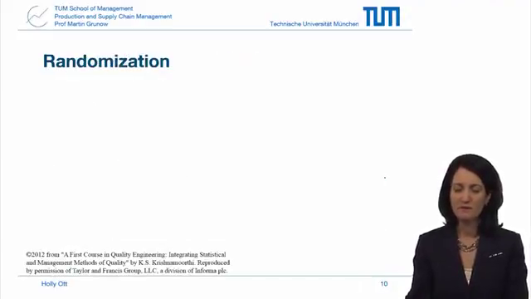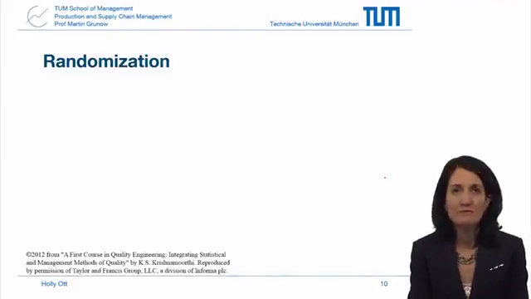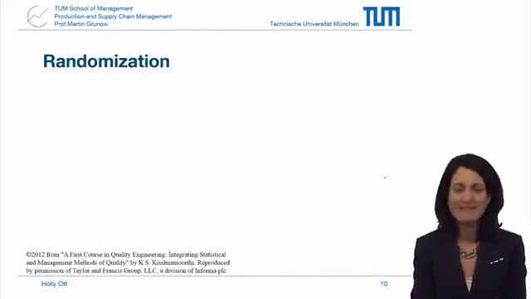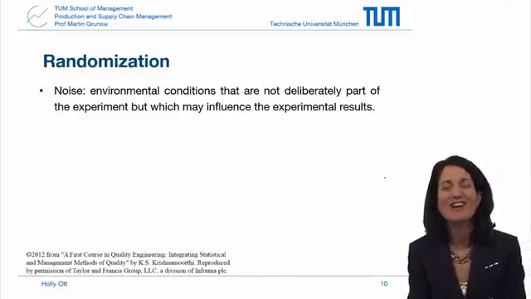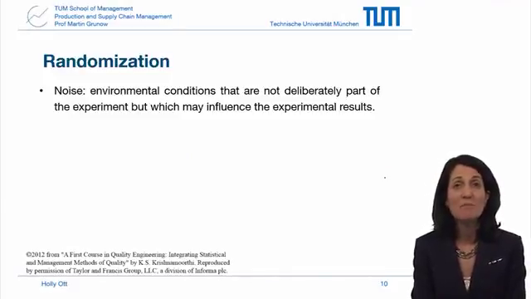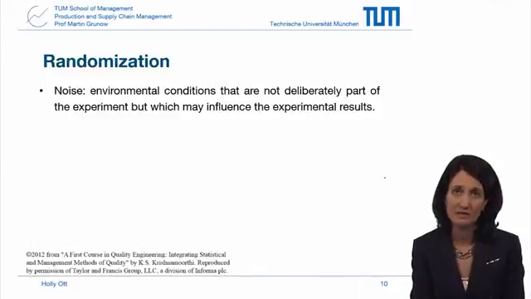So now, just a word on randomization. Noise refers to the environmental conditions that are not deliberately changed as part of the experiment, but changes in them may influence our experimental results.